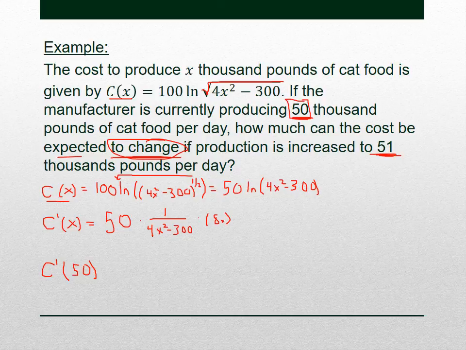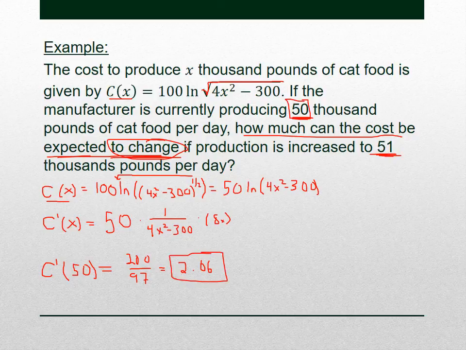And what we want to do here is plug in x equals 50. So what we're looking for is c prime of 50. And that's going to give us this estimated change in our cost function. So check my work here, but what I got is $200 over 97.